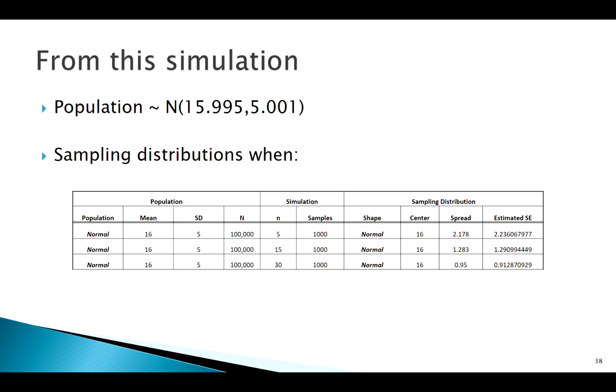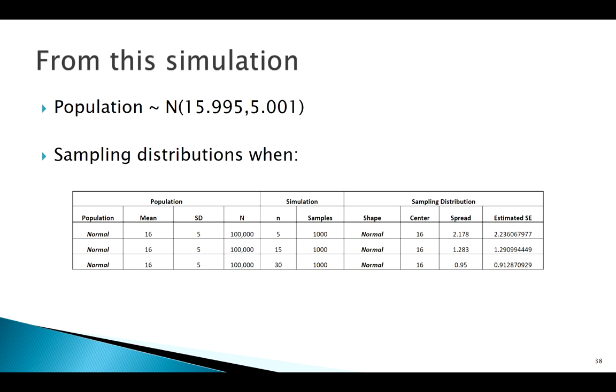How do we get these values of spread? I calculated these by taking all of those different sample means and finding their standard deviation. But we wouldn't want to do that every single time, so we have what's called our estimated standard error.